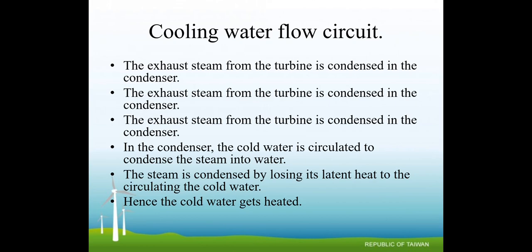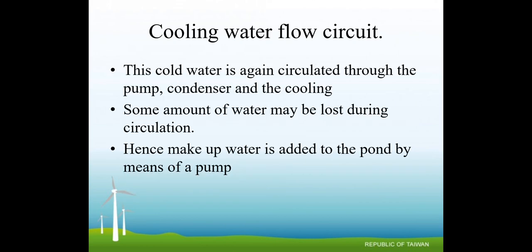The cold water is circulated through the condenser, and then the steam is converted into water. The steam is condensed by losing its latent heat. Latent heat is nothing but the removal of heat. The latent heat is given to the circulating cold water, hence the cold water gets heated. The heat is transferred from the steam into the water.